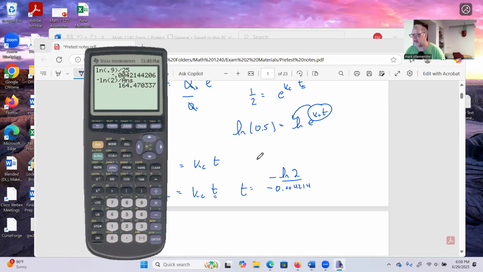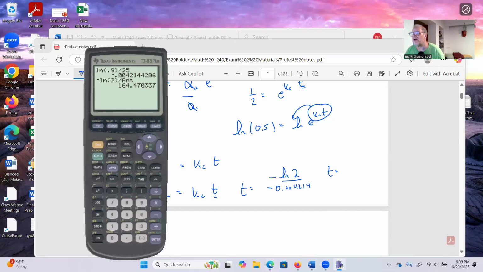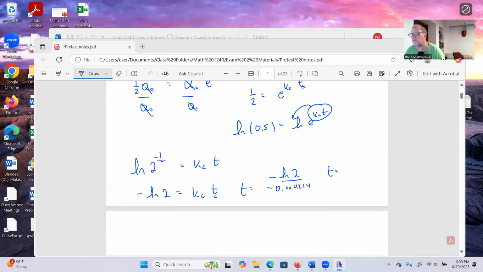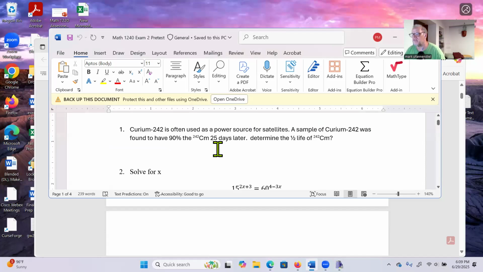Okay. And then we end up with t is equal to, let's see, we had 164 point, I'll call that 0.5. So 164.5. Now, I want to know 164.5 what? So what was going on with this? The original equation, we used 25 days in order to figure out our decay constant.